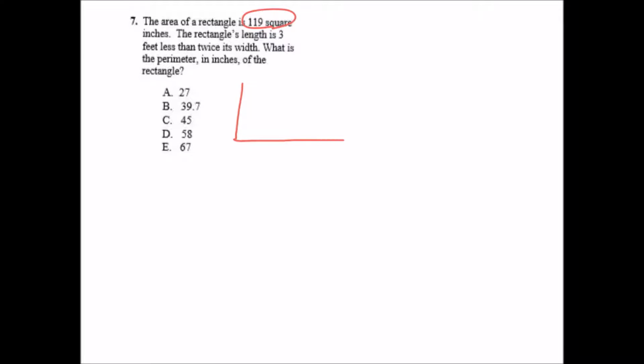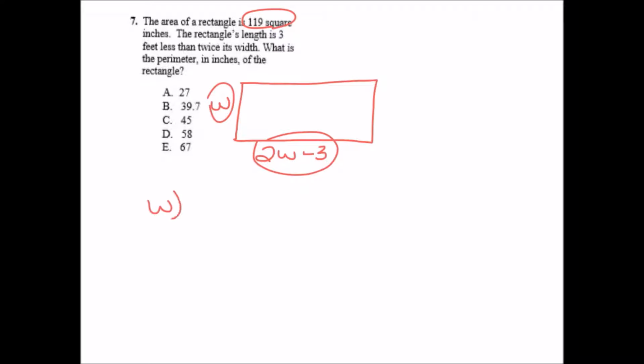So I'm going to draw something that looks like this. I'm going to say its width is W and its length is 3 less than twice its width. So that would be 2W minus 3. The overall area is 119 square inches. So I know that W times 2W minus 3 would have to equal 119 square inches.